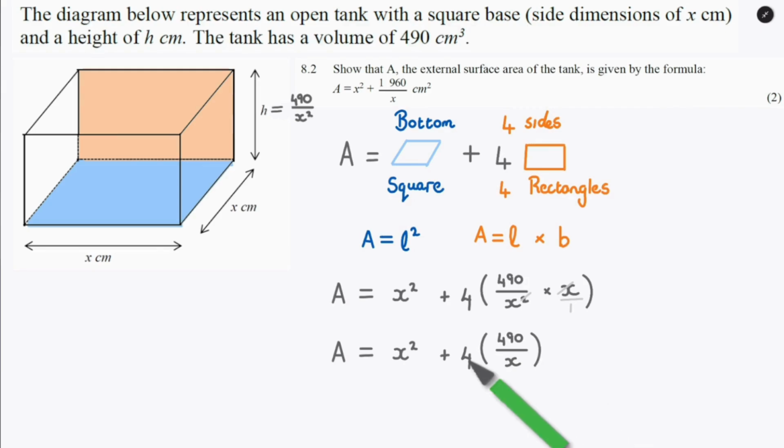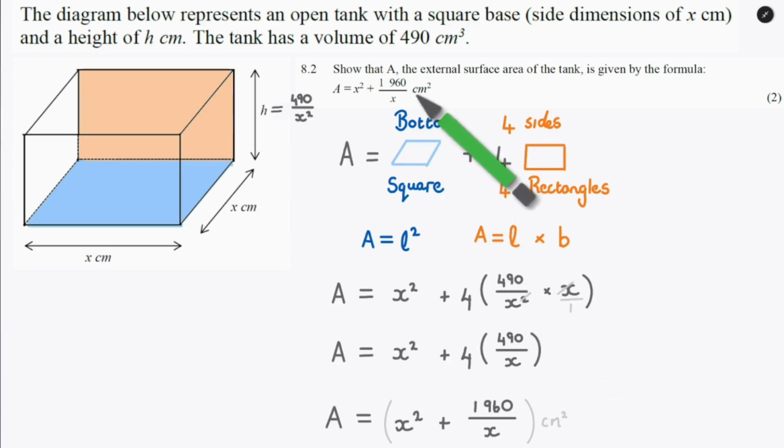And then I put this 4 over 1, 4 times 490 will give me that 1960 they have over there, and then I just wrap that in a set of brackets with the centimeters squared on the outside. And now I've successfully shown where this came from. And lastly, wrapping this question up, you get 1 mark for the area of the blue base and 1 mark for the area of your rectangles.